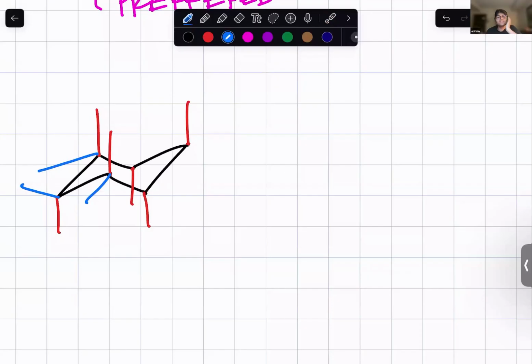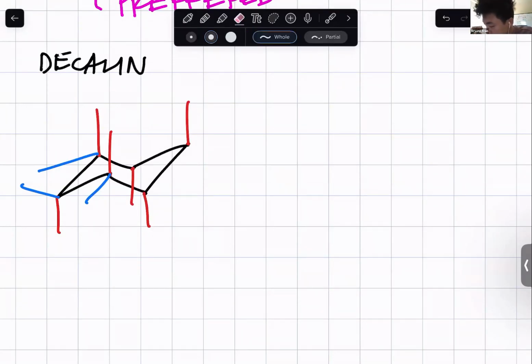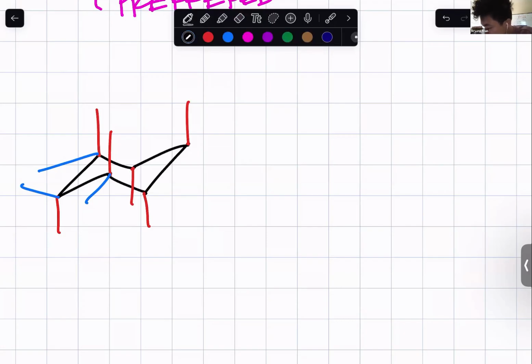Sorry, I don't know if this is jumping a couple of steps, but how do you know if they're cis or trans? Oh, how do you know if they're cis or trans? I think you're thinking of decalins, right? Which is going to have a fused ring. Or if you just have a regular structure like this, you know that the two groups are going to be cis if they're both wedges or both dashes.